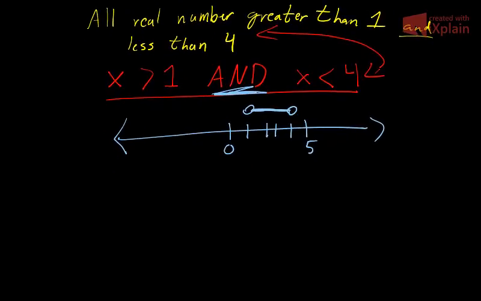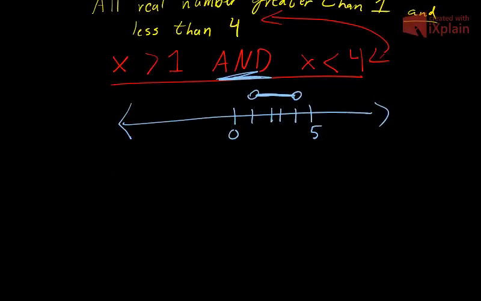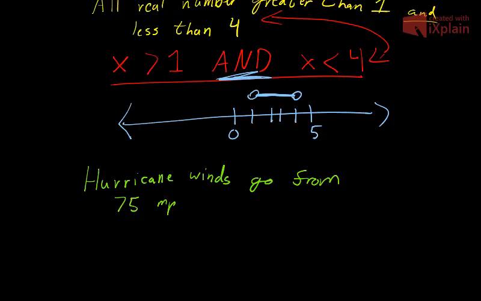So if I wanted to say, for example, let's talk about some hurricanes. The hurricane winds go from 75 miles per hour to 200 miles per hour.